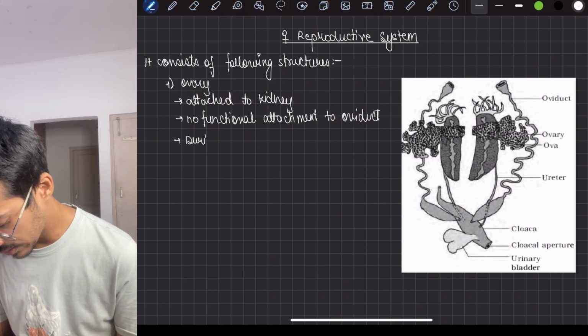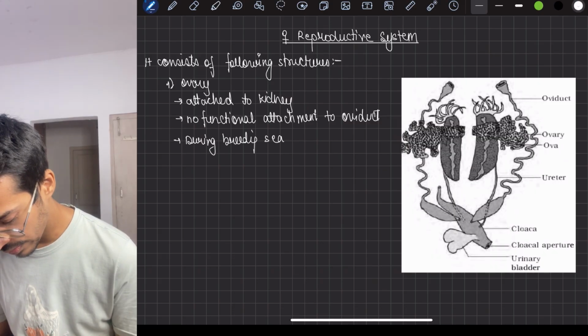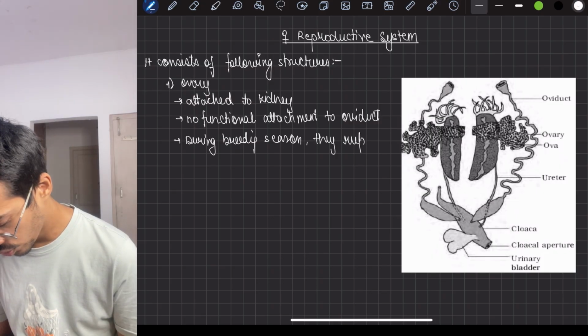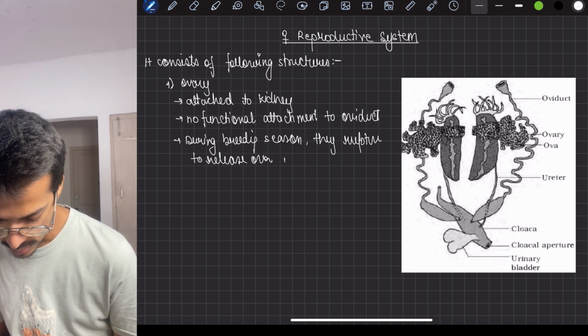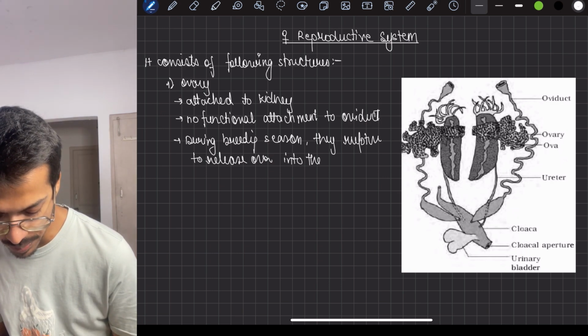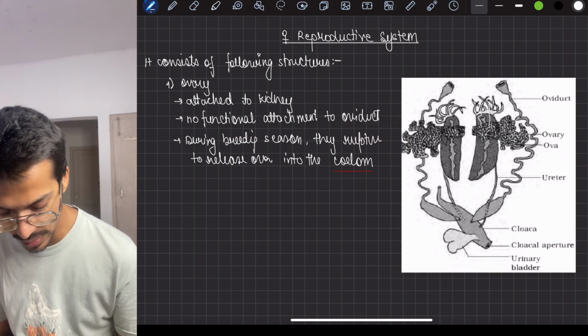During breeding season, they rupture to release ova into the coelom. Coelom is what? Space. So I told you that it will release over here. So this is the coelom area.